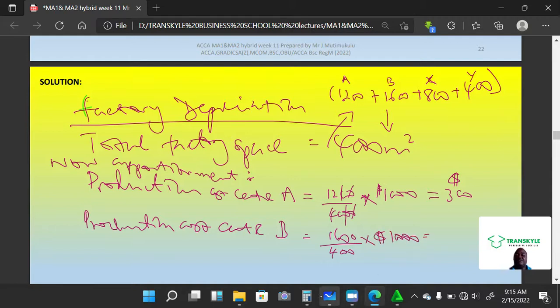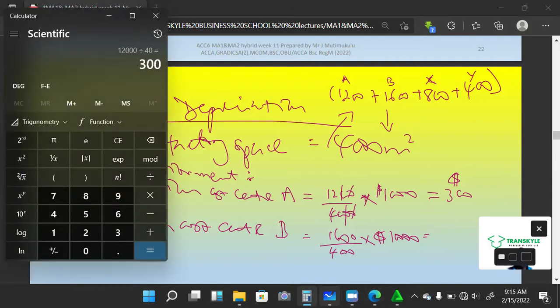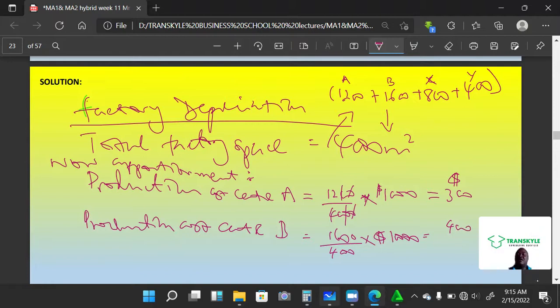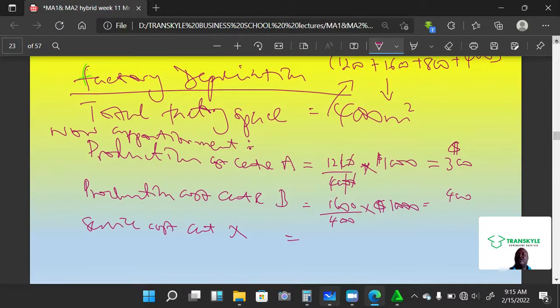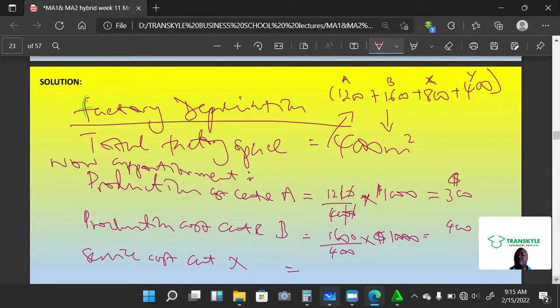If you use your calculator to make your job easier, 1,600 multiplied by 1,000 divided by 4,000, you get 400. You go to sales cost center X, and from the figures we have here, that's 800 divided by 4,000.